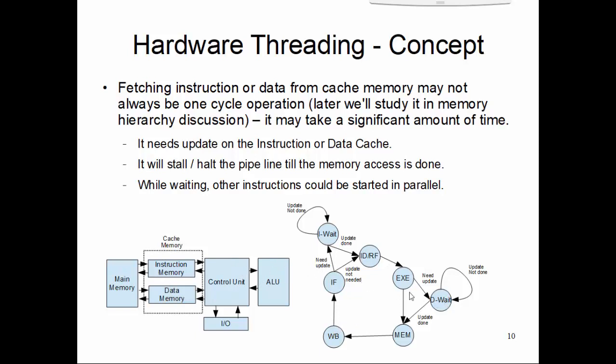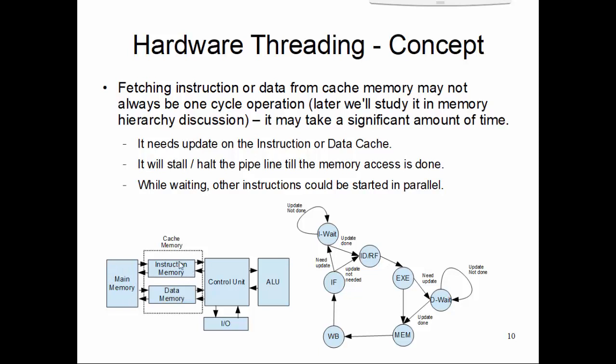For example, instruction fetch, controller goes into instruction fetch and then requests the memory system, hey, send me the data, send me the instruction. And then instruction memory sees that, well, the instruction you are trying to access is not inside this instruction memory. It needs to be brought from the main memory, which, by the way, the main memory access is much slower than your instruction memory access.